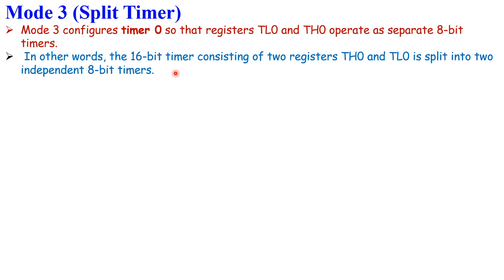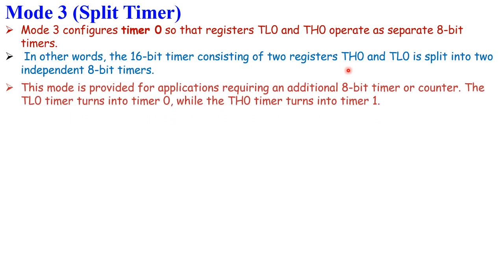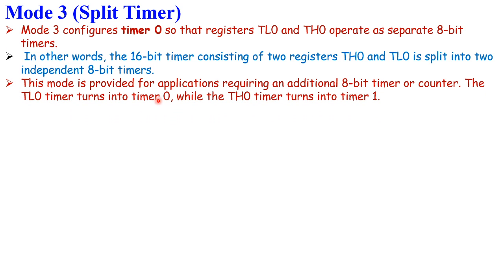Means we use timer 0's lower and higher bytes, TL0 and TH0, independently in this mode. This mode is provided for applications that require an additional 8-bit timer or counter. The TL0 timer runs as timer 0, while the TH0 timer runs as timer 1.